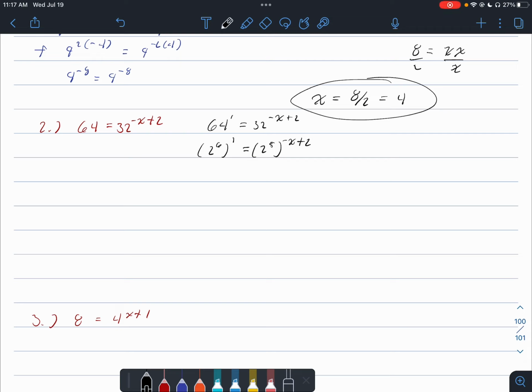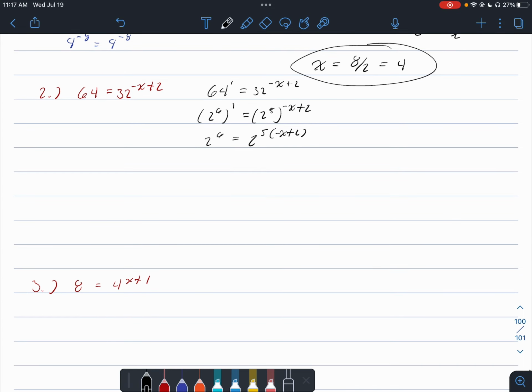Now we can multiply these exponents out. So this will just be 2 to the 6th is equal to 2 to the 5 times negative x plus 2. And now we can just consider 6 is equal to 5 times negative x plus 2.